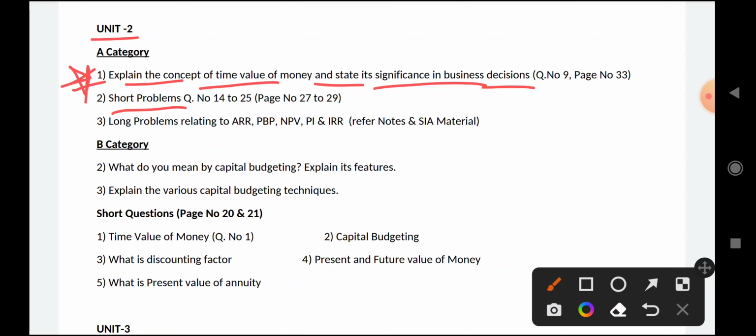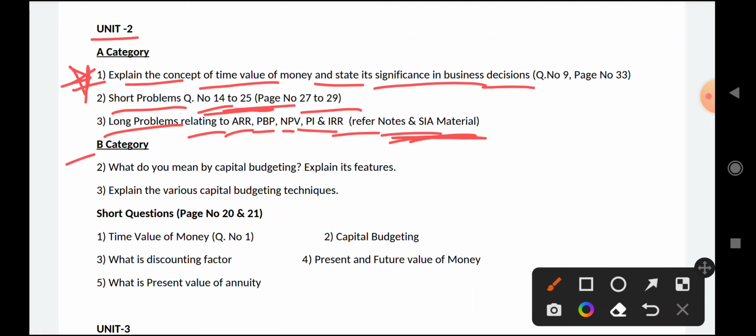And for short problems, question numbers 14 to 25 you need to do, with page numbers given, reference from the SIA book. Long problems relate to ARR, average rate of return, payback period, net present value, profitability index, IRR. Refer to notes as well as SIA material for the problems which we discussed in the class.